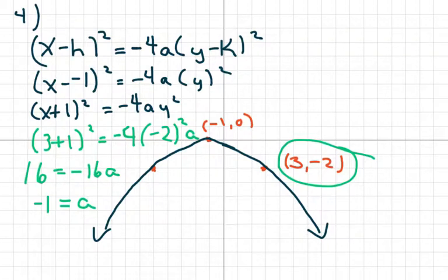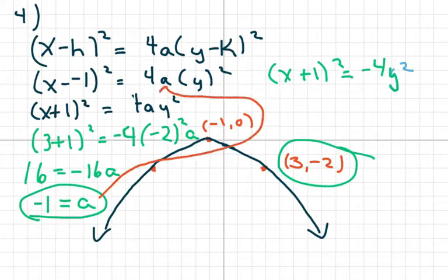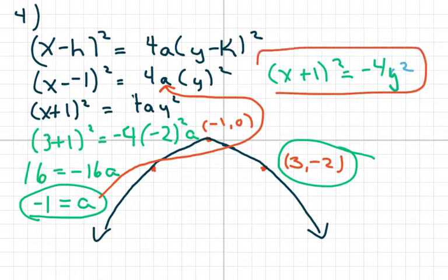And basically it's just going to be 1. So you plug that in and you're going to get x plus 1 squared equals -4y. In this case we had a is -1, and what I probably should have done is just let this be positive because we don't know the equation yet. Then we would have gotten that a is -1, and you would have plugged this in and got your equation here.